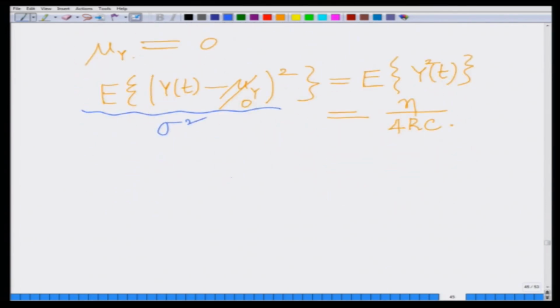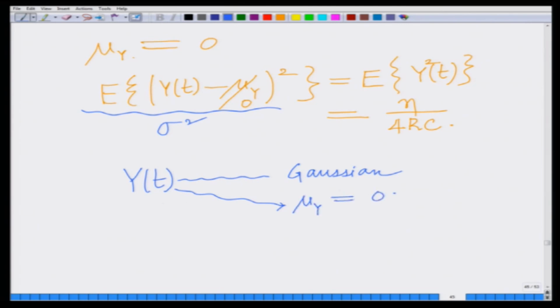So, we have y of t is a Gaussian random process. At each time instant t, y of t is basically Gaussian. Remember, the joint statistics are Gaussian. The mean mu of y equals 0.